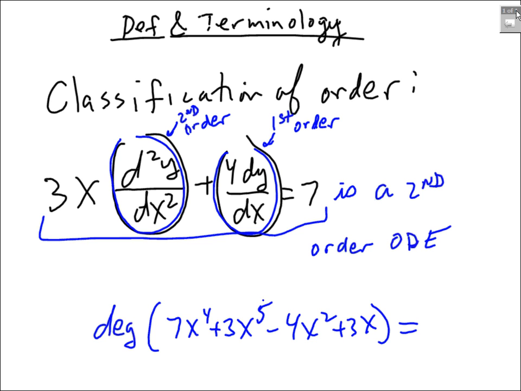The answer was the highest power of x that you saw, or if the variable was y, the highest power of y that you saw. It's the same thing with differential equations. They talk about an order that's very similar to degree. You just look at the order of the derivative.